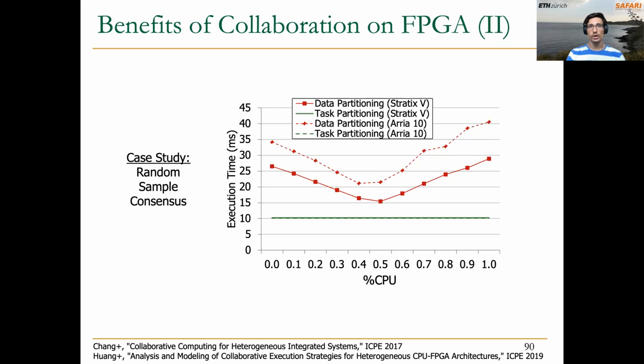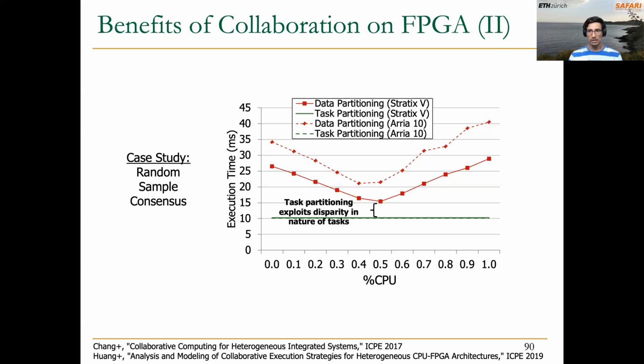We also did a similar analysis for random sample consensus, RANSAC. We also have two different versions of RANSAC: one is data partitioning, the other one is fine-grained task partitioning. In this case, we observed that the task partitioning exploits the disparity in the nature of the tasks, so it adapts better to this specific workload. Remember that here we have clearly SISD phases, completely sequential, while at the same time clearly massively parallel or SIMD phases.